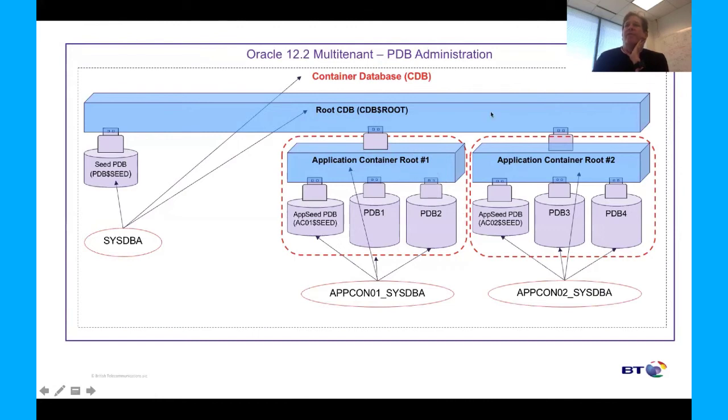So they still have a protected CDB root. They have a privileged user in the container database, either executed manually or through automation. In this case, BT uses automation that allows them to grant a sysdba privilege locally to this application root without granting sysdba or common user privileges up here. That just illustrates the level of isolation that multi-tenant provides, particularly in this context for application containers.